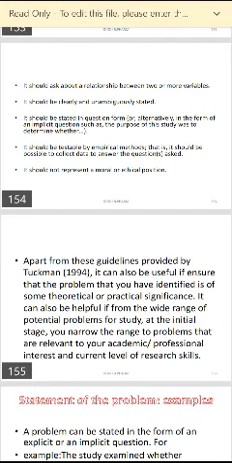That is to say, it should be testable by empirical methods. But he also said it should be stated in question form, or as implicit questions. For example, the purpose of this study was to determine whether, you put your variables.